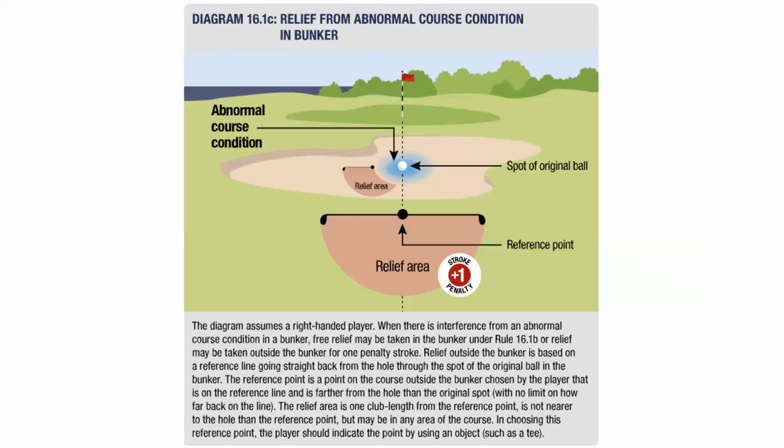So at that point, we would take our stance and then get relief and then put a tee, and that would be our reference point in that case. So a right-handed golfer, if it was here, their nearest point of complete relief would probably be maybe here or right here. It just kind of depends, but it'd be somewhere in this area, and then they get 1 club length in that direction. If they stayed in the bunker, they get that free relief.